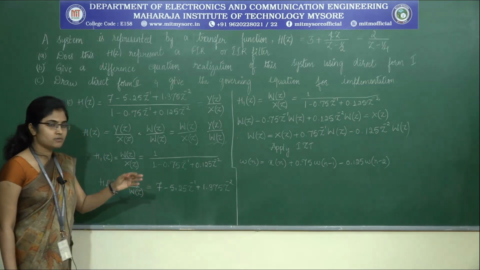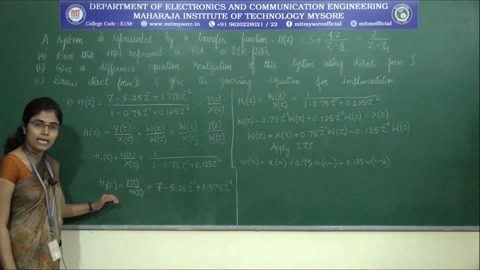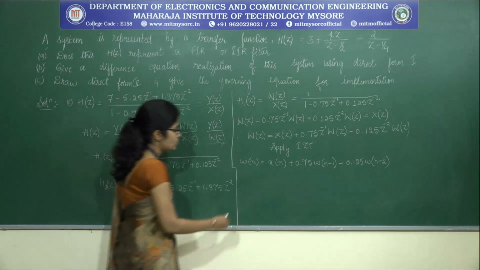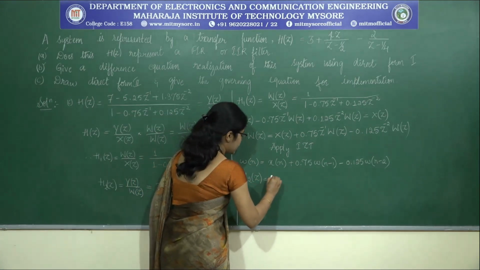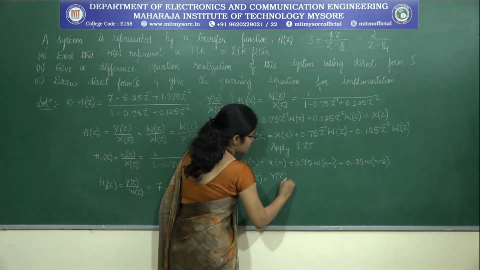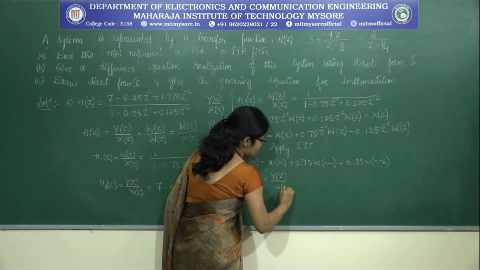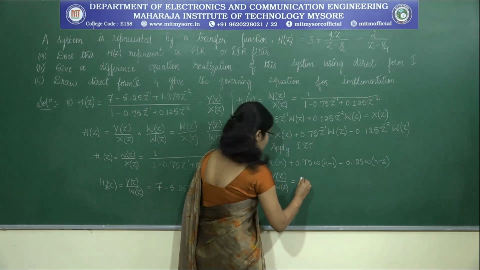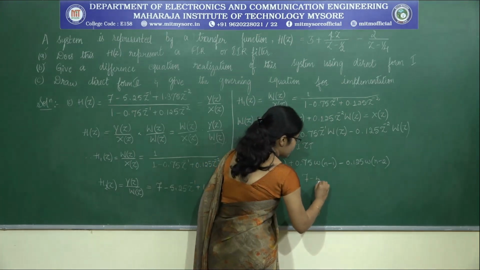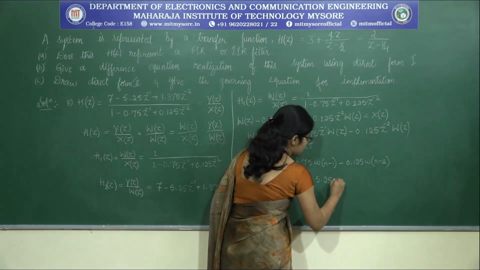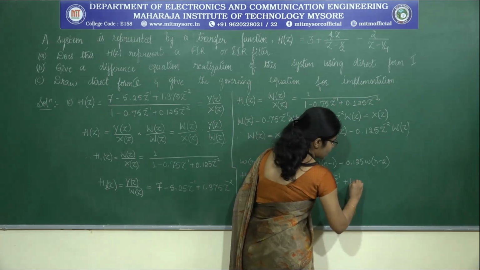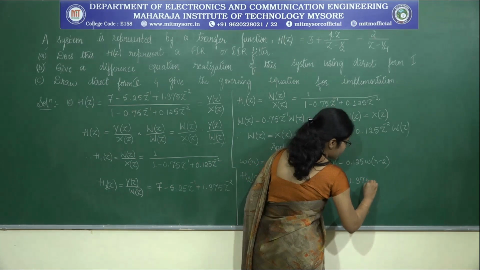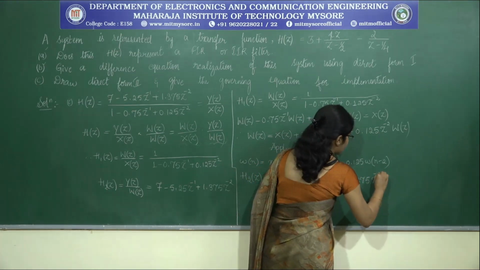Now, I need to find out the second governing equation, that is with the help of h2 of z. So, we know h2 of z is nothing but equal to y of z by w of z, which is equal to 7 minus 5.25 into z power minus 1 plus 1.375 into z power minus 2.